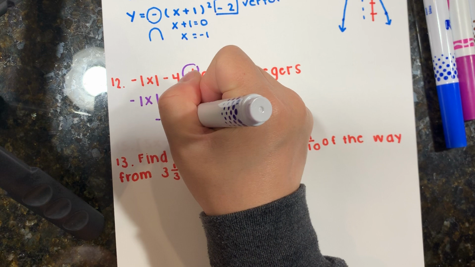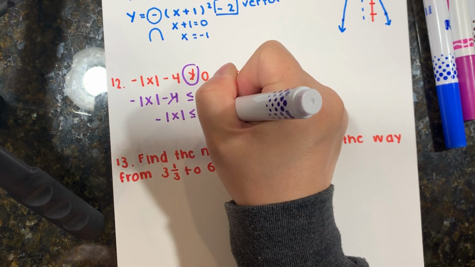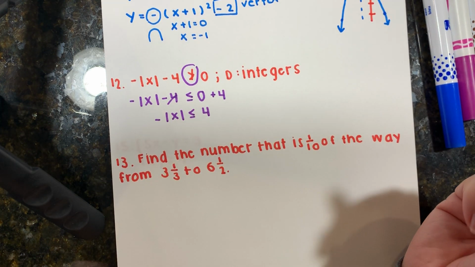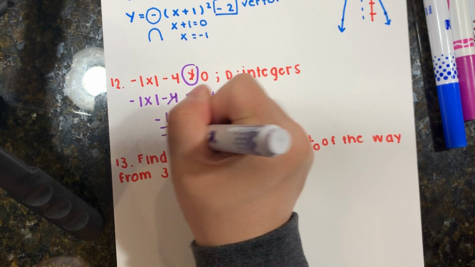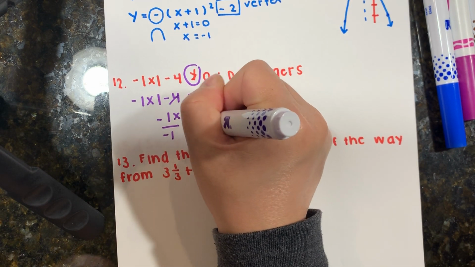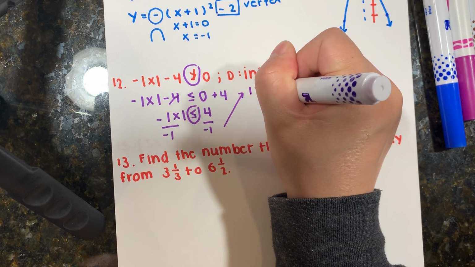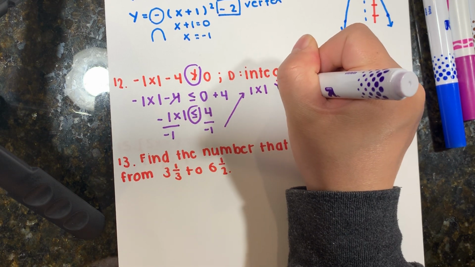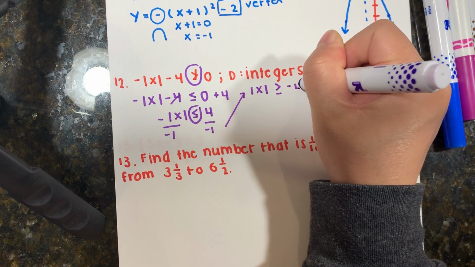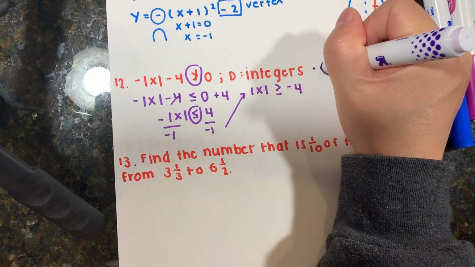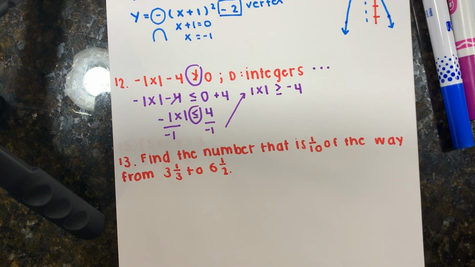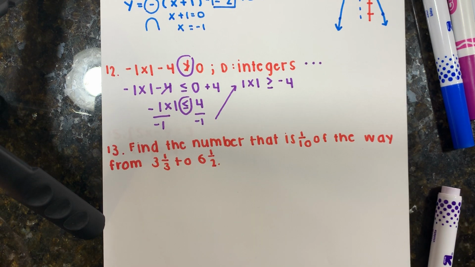So I have negative absolute value of x is less than or equal to 4. Then when I divide by negative 1, remember that you have to flip this inequality. So that would become the absolute value of x is greater than or equal to negative 4. And remember, integers are going to be dots, not going to be an arrow.